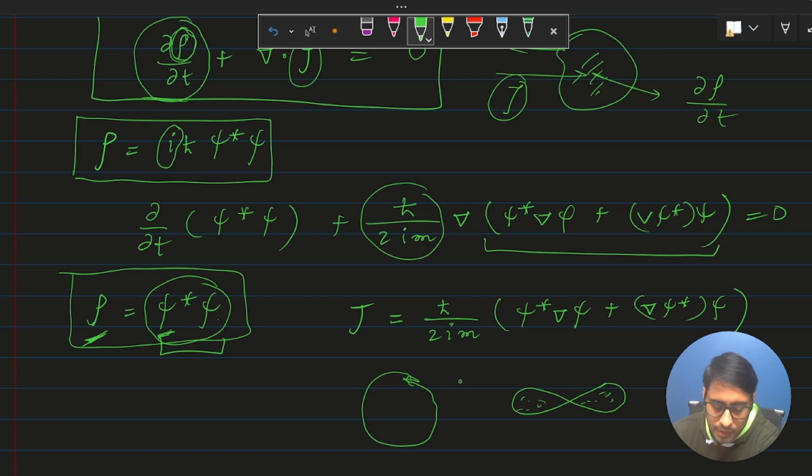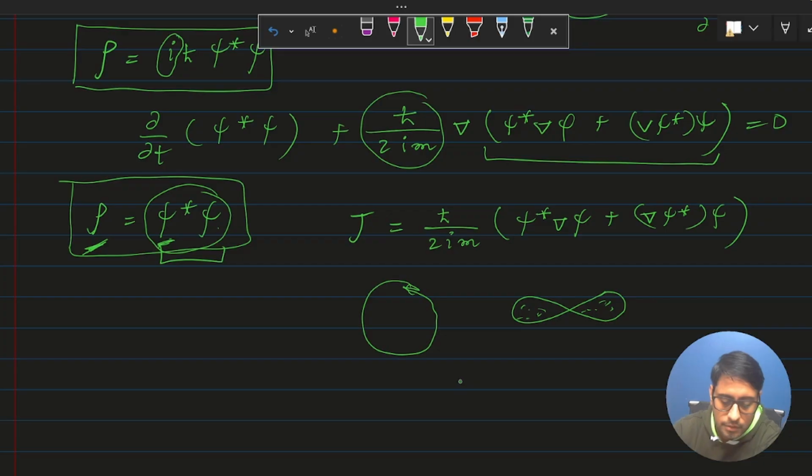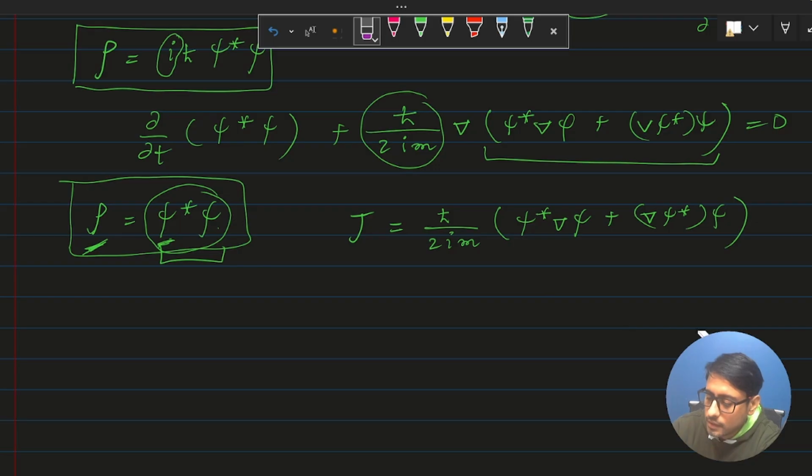So this can be a very tedious task. We can do this in some quantum mechanics class, but we are here interested not in finding the shape of the orbitals, okay.